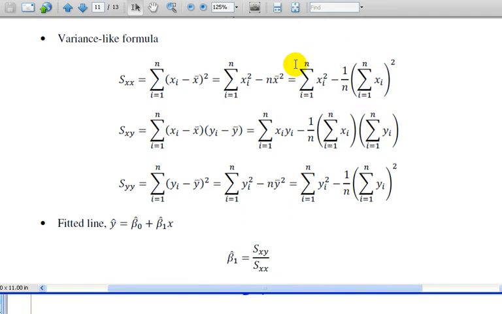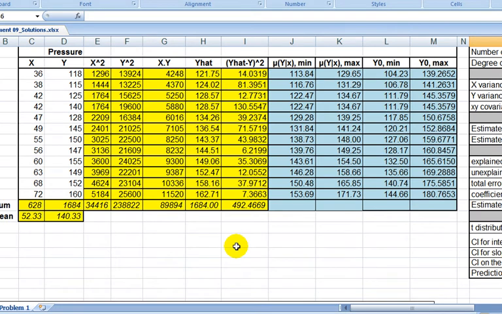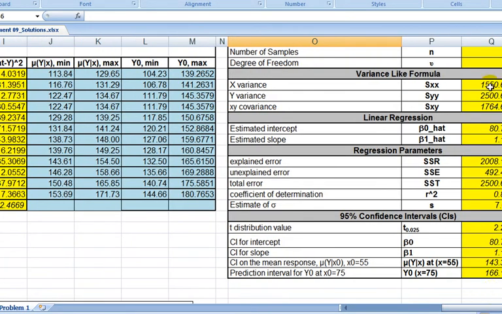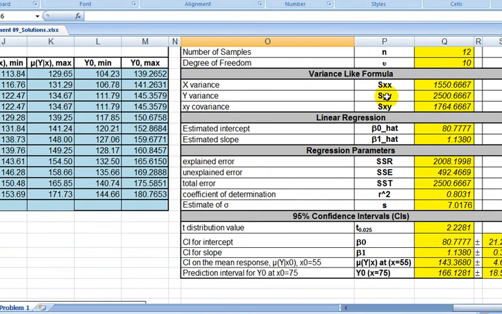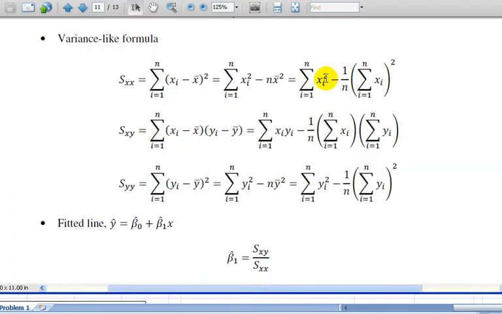Now the usefulness of this is that when you go to your Excel, you can very easily calculate this quantity. This is xi squared, yi squared, and xi yi, right? And then the sum of these is shown over here, using the Excel function sum. So when you calculate SXX, SXY, or SYY, you can simply follow this formula over here, because you already have the summation of this.